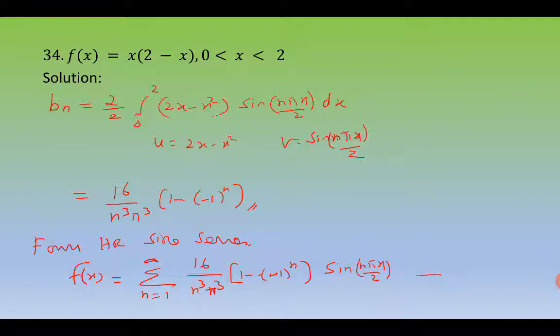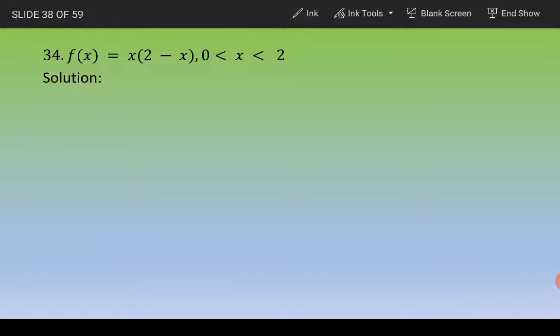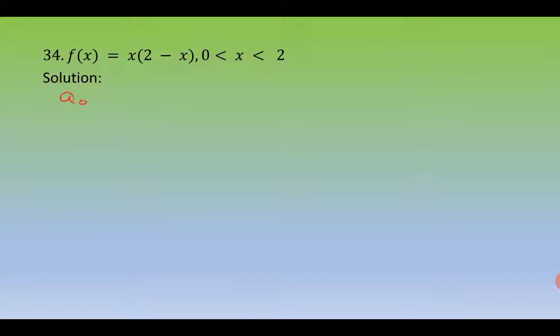This is the Fourier sine series, isn't it? And by using a_n and a_0, where a_0 is 4 over 3, a_n is 8 by n square pi square into minus 1 to the power n plus 1 minus 1.